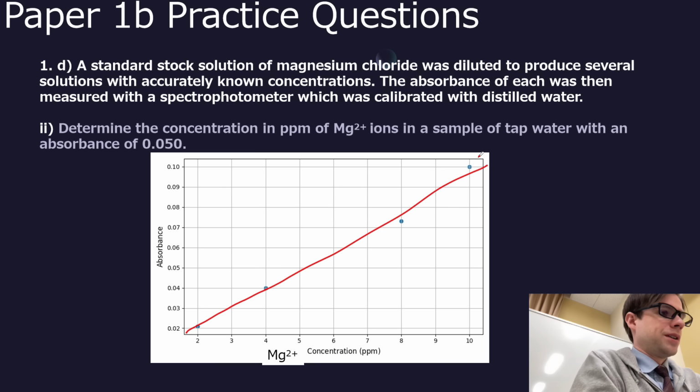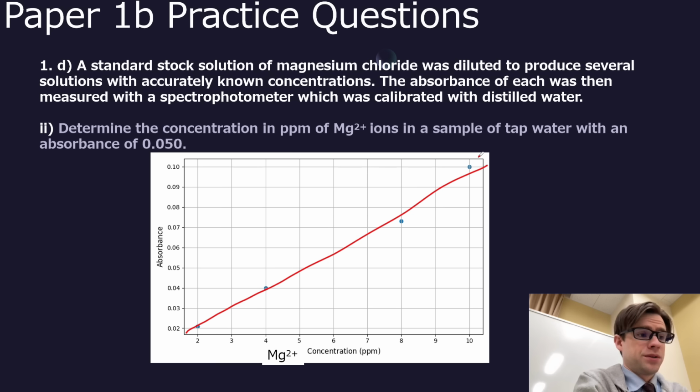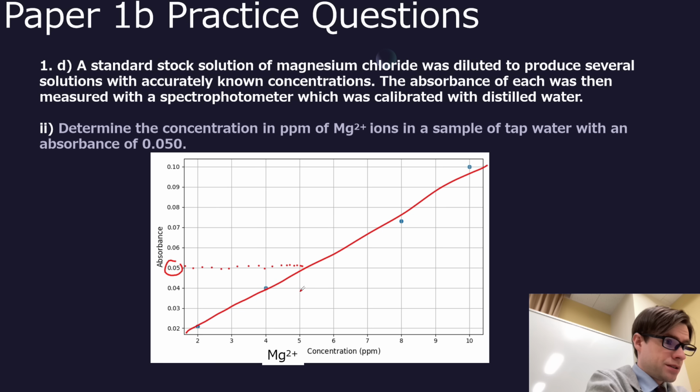So if that's your line of best fit, how can we get the concentration of Mg2+ ion in a sample of tap water with absorbance 0.05? So your absorbance, 0.05, is here. Look across where this intersects your line of best fit. So that looks to be just above 5 ppm, right?